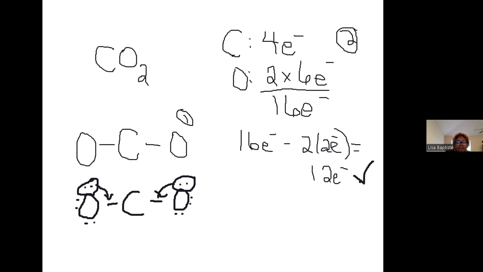So when we do this, our new structure becomes carbon with a double bond to oxygen and a double bond to the other oxygen. And we have still our electrons that we had left around our oxygen. Okay? So this is now our new structure. This is the third box, our Lewis structure.